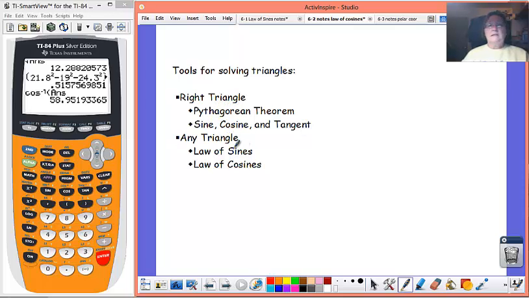If our triangle is not a right triangle, then the law of sines or the law of cosines are our main tools, and we'll choose the one that we need based on what our triangle looks like. In the law of sines, you need an angle side pair. And in the law of cosines, there is no angle side pair. That's probably the best way to decide which we should use.